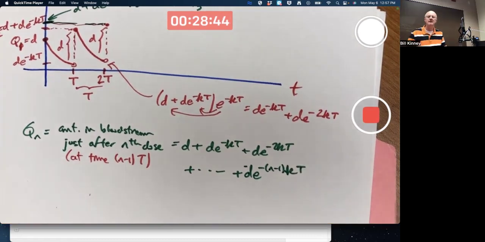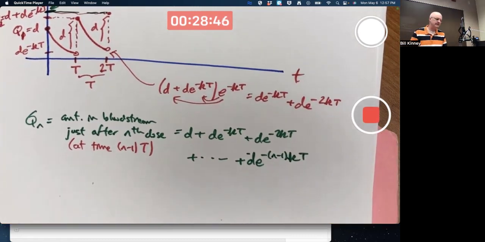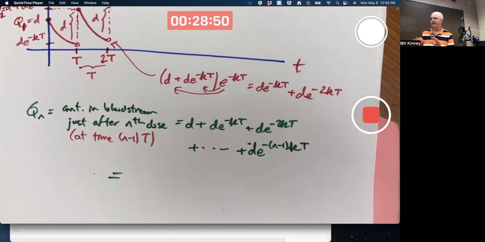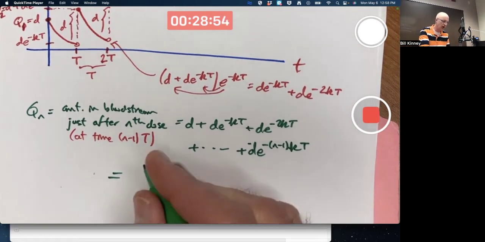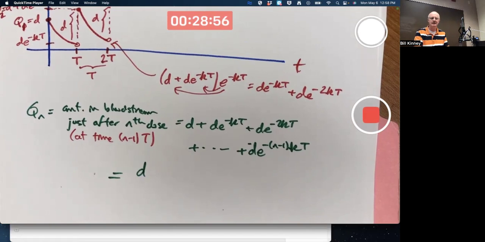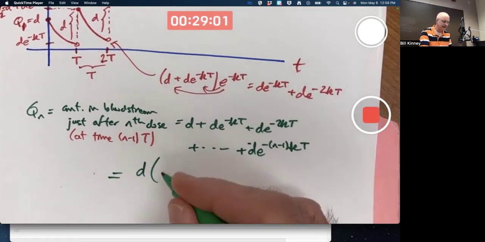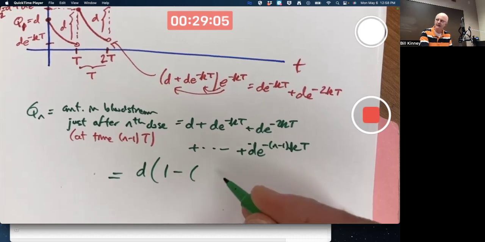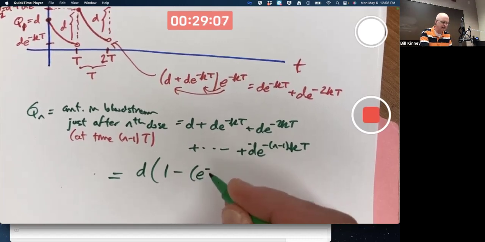A finite geometric series equals, you don't have to even worry about convergence because it's finite. It equals the first term, D, the leading term, times 1 minus, what's the common ratio? Yeah, e to the negative KT.